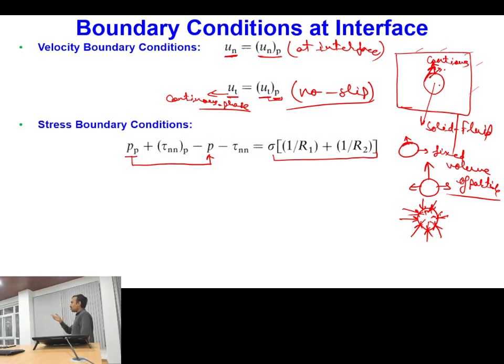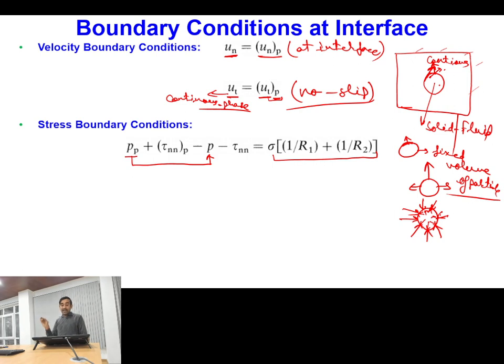In the x direction, the normal stress is 2 mu into del u by del x. In the y direction, it is 2 mu into del v by del y, and 2 mu into del w by del z. So these are the normal stresses produced because of the viscosity.